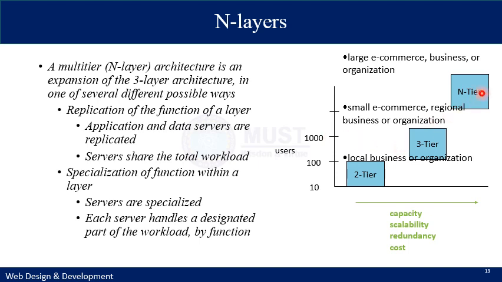And you can use an n-tier architecture, that is an expansion of 3 layer architecture, for large e-commerce business or organizations. So as you increase the number of layers, you can increase the performance, scalability, and redundancy. However, with the increase of layers, you also increase the cost of your application development.